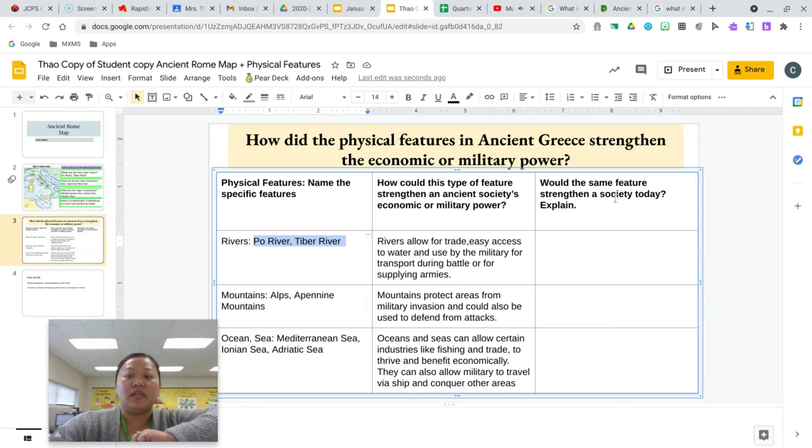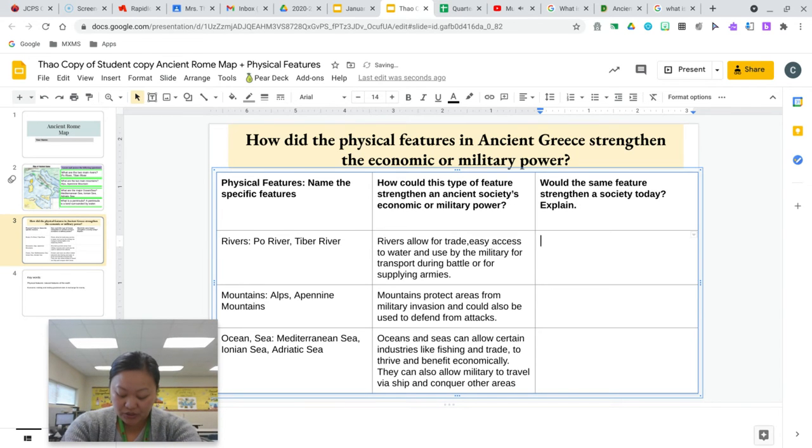Would the same feature strengthen a society today? Basically, this question is asking you, would we use it the same way as ancient Greece? Would we travel military supplies up and down the Mississippi River? No. So what would we really use the rivers for nowadays, right?